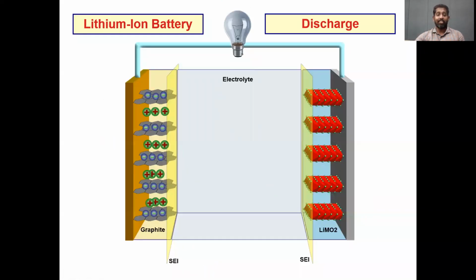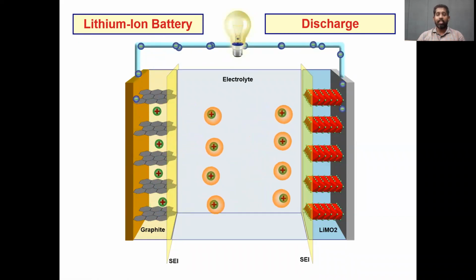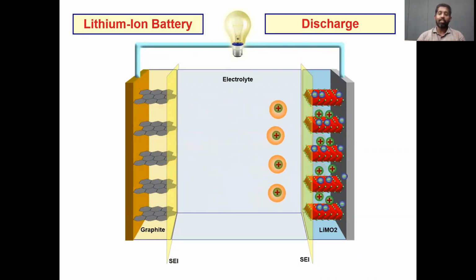What happens during discharging? I'll play this animation. See, slowly the lithium ions are moving through the electrolyte. Electrons are moving through the external circuit and going and sitting between the layers of lithium metal oxide. See?